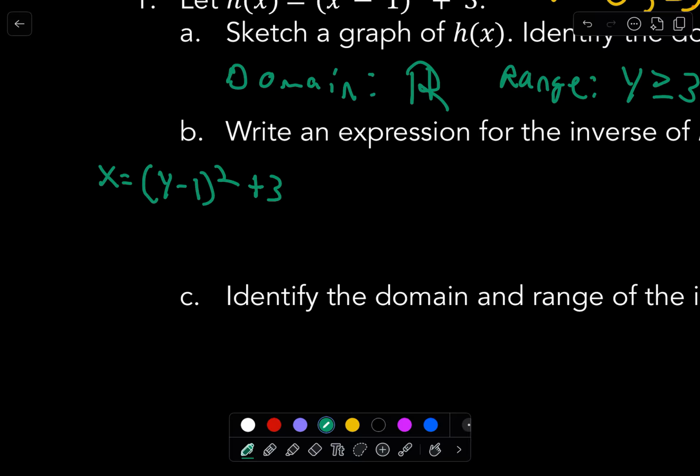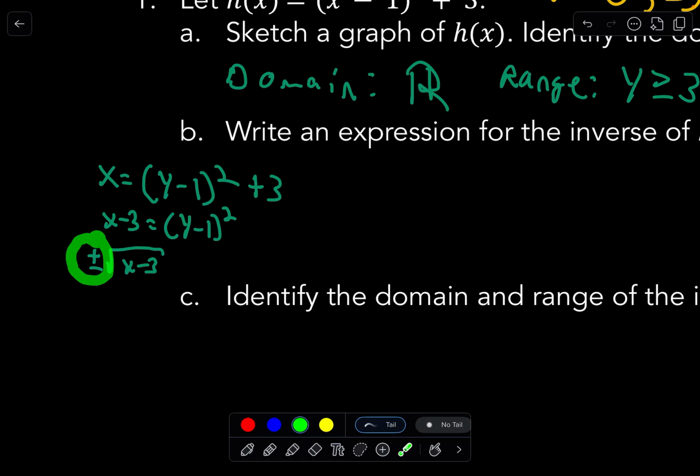All right, so now solve for y. Subtract 3. Take the square root of both sides. Since it's squared and you're taking a square root, you get the square root of x minus 3, but you can't forget you get two possible results: a positive result or a negative result.